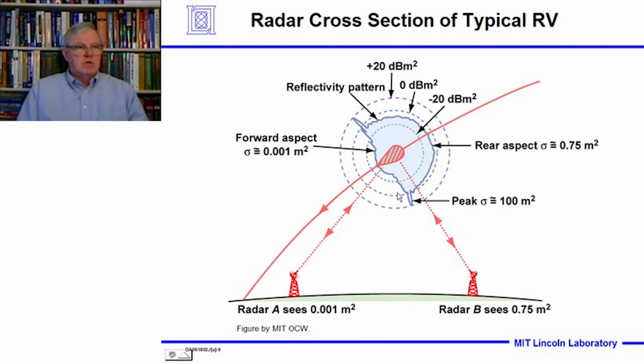So you can see that this 100 meters squared is almost 2.5 orders of magnitude more than this part in here. So what you can see is the huge difference in cross-section.